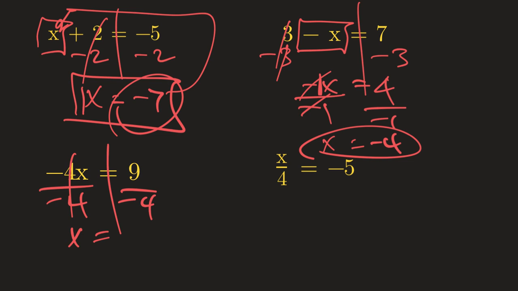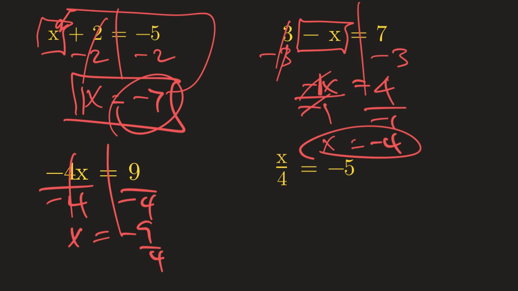All right, now listen carefully. We're going to divide by negative 4, but negative 4 does not go into 9 evenly. If you run into a situation like this where the division's not going to work out nicely, guys, create the fraction.